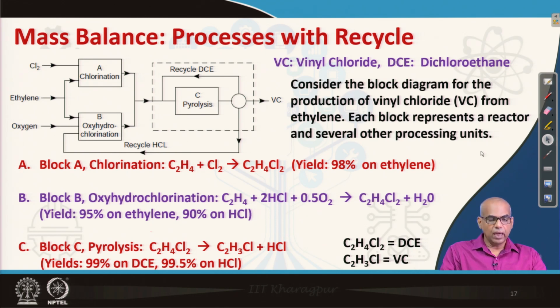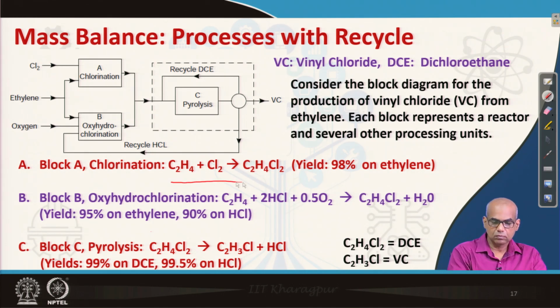So, in block A, the chlorination takes place and the yield is 98% on ethylene. Here in block A, ethylene and chlorine produces dichloroethane. In block B, oxyhydrochlorination takes place and it also produces dichloroethane.